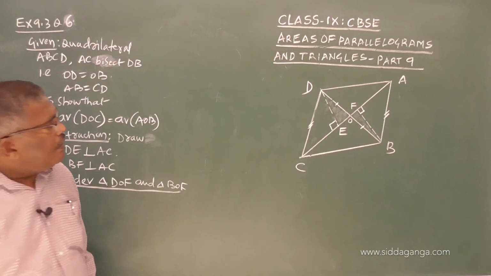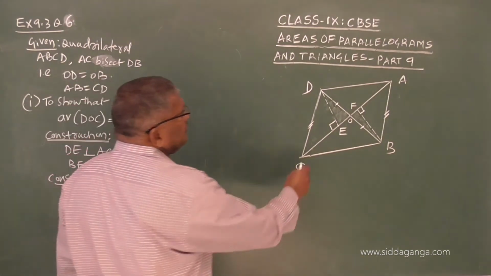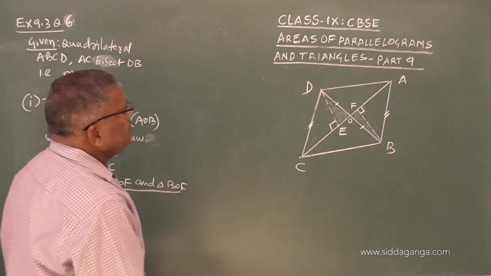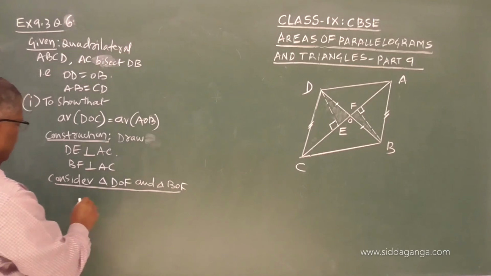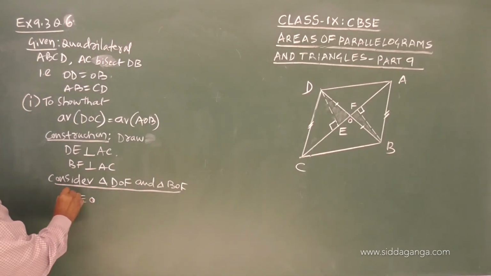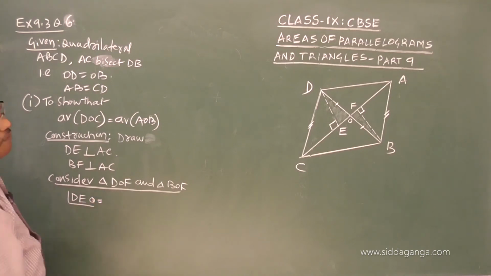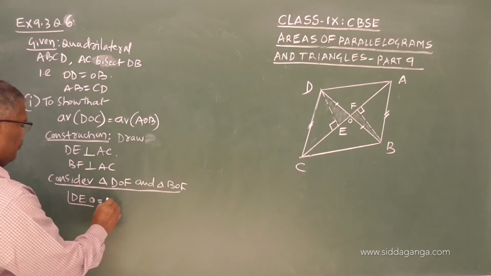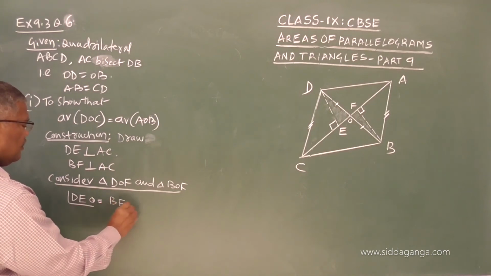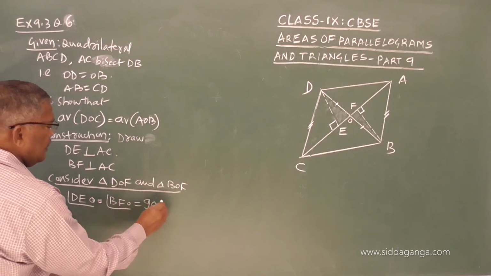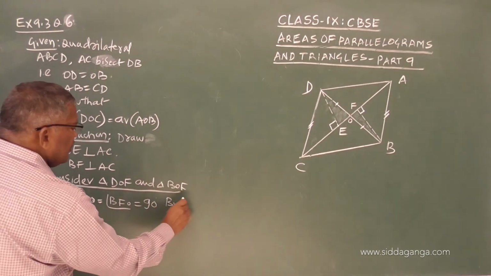So, observe here DEO. Angle DEO is equal to angle BFO. Observe. These two are equal to 90 degrees by construction.